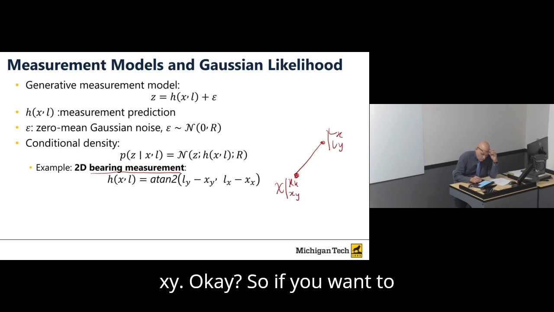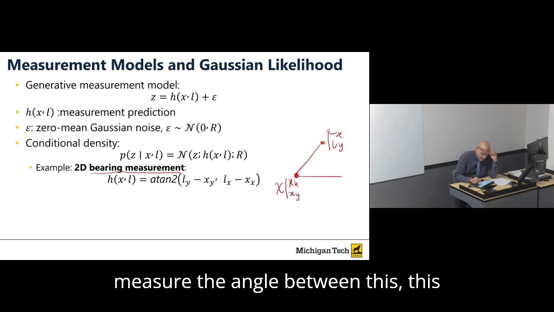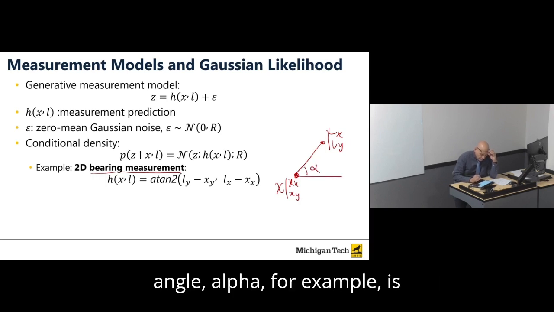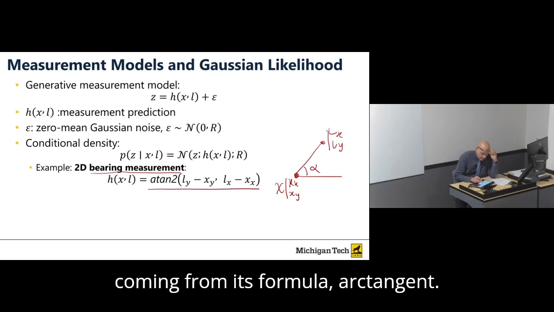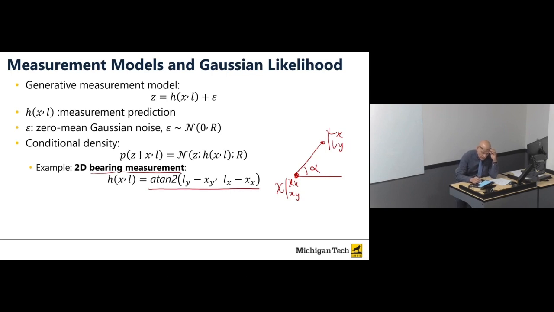If you want to measure the angle alpha, it comes from the arctangent formula, arctangent of Lx minus xx over Ly minus xy.